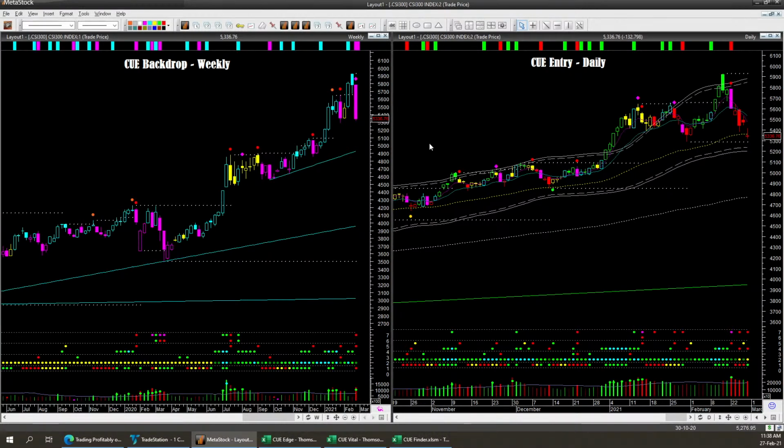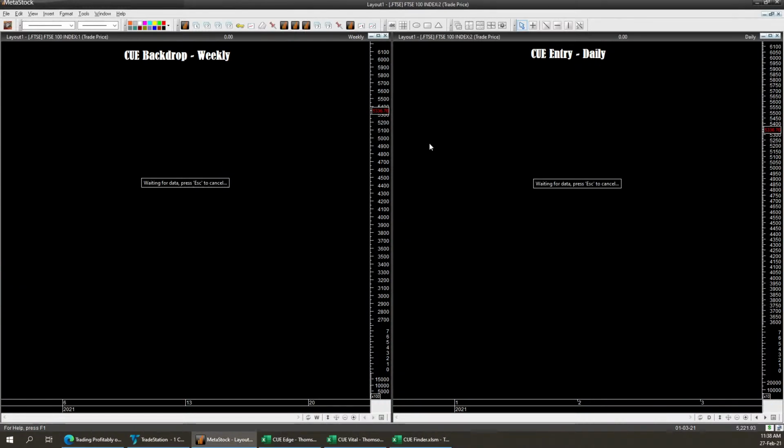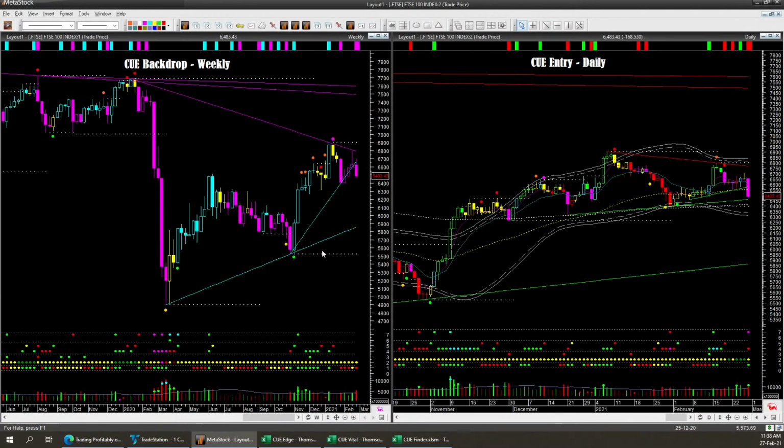Let's look at the UK market now, FTSE index. It was moving inside a triangle pattern in weekly, also daily. The weekly is coming out of the triangle pattern, breaking below support.